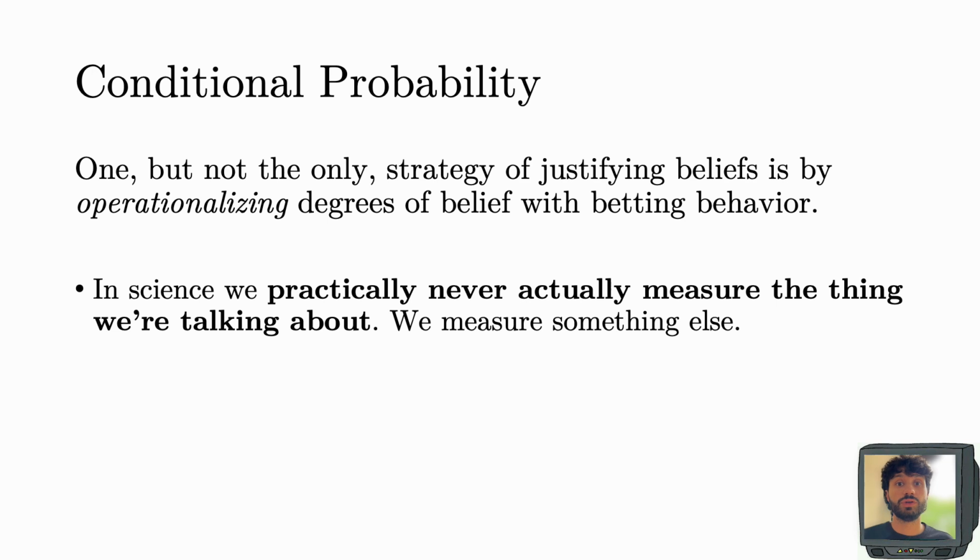For example, you might look at the stress levels of a population, or you might see how people respond to questionnaires. None of these measures are perfect, and it's going to be the same thing with operationalizing degrees of belief. Operationalizing them as betting behavior is not perfect for all contexts. But for many contexts, it's really useful, and there are clear ways where there are some rational beliefs that you can have and irrational ones. And this is going to be our stepping stone, which we'll see in the next class.